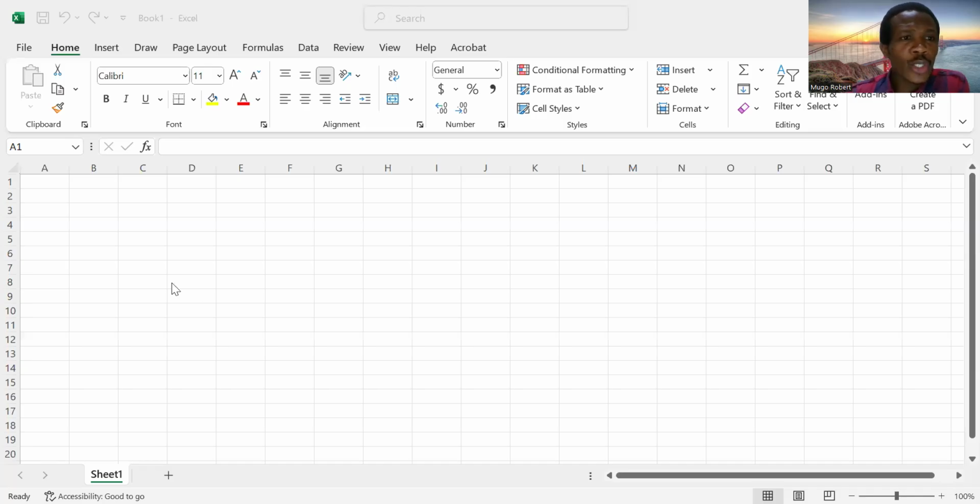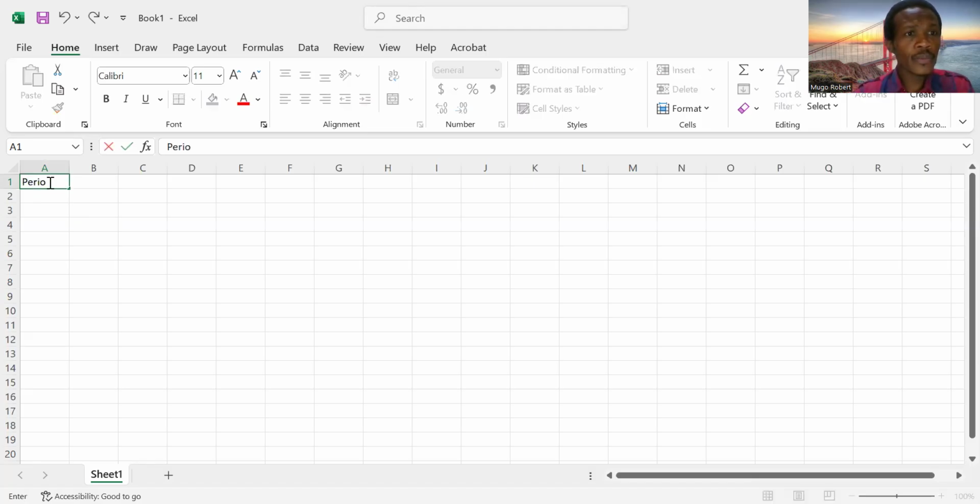So you will allow me to open an Excel sheet and we assume that this loan will be for 48 months. Let's take 12% interest for the sake of simplicity. And so for this loan, we have the period. I hope you can see my Excel.